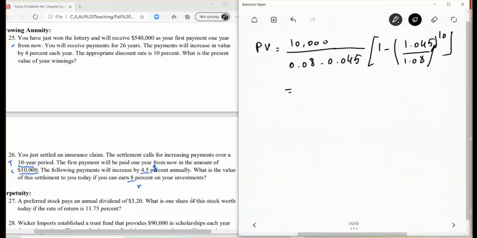And the answer in this case is 80,192.76. So that's it for the growing annuity.